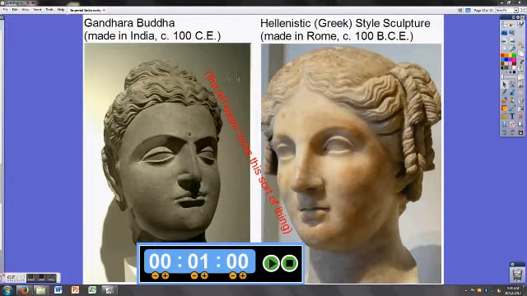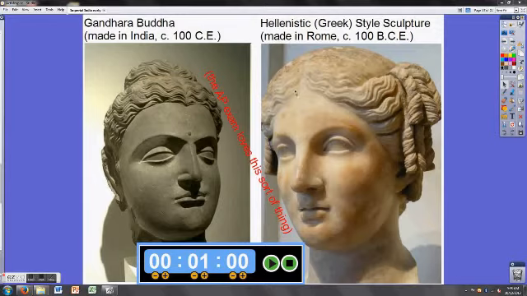Anything else you guys noticed? How about the eyes, right? Similar style of carving there for the eyes. And also, other than that, very smooth features as well. Obviously, the figures look different, right? One is male, one is female, etc., but the way that they're carved, I hope you noticed, looks pretty similar, okay?